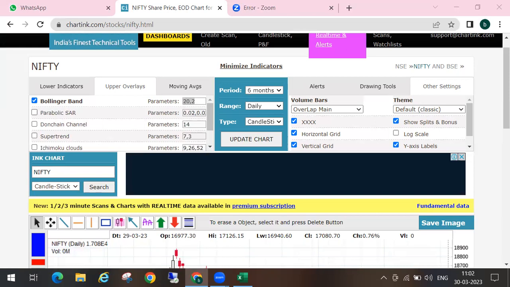This is the simple moving average, 20 is the period, 2 is the standard deviation. It can be like this also, it can be E for moving average. In that case, instead of the simple moving average, it will be the exponential moving average.